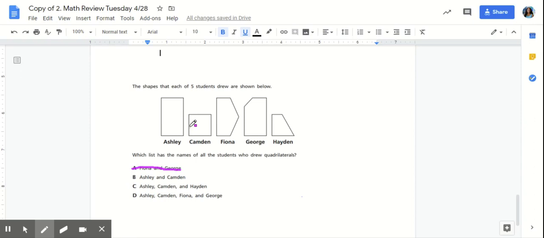But there's another figure that has 4 sides also. So this can't be correct because that's not the list of all the students who have quadrilateral sides. D can't be correct because we know that Fiona has 5 sides. So it must be C, Ashley, Camden, and Hayden. Hayden has 1, 2, 3, 4 straight sides. So C is our answer.